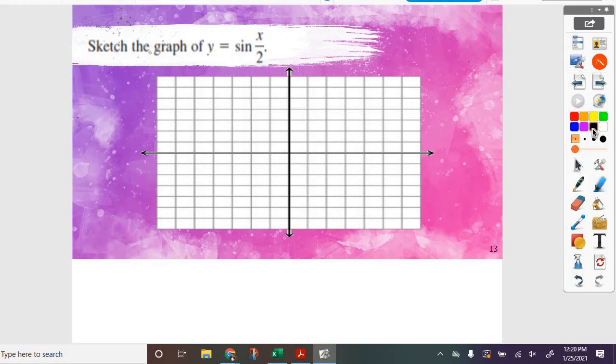So this time, what is our amplitude? If there's not a number there, what's it understood to be? 1. Okay? To divide by the 2.